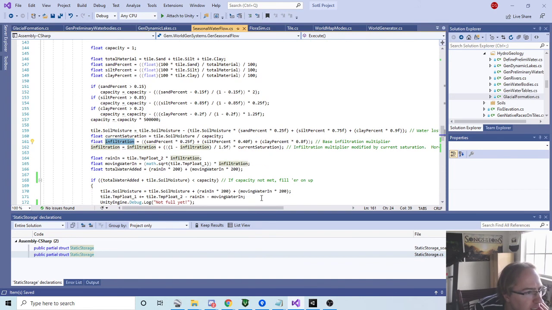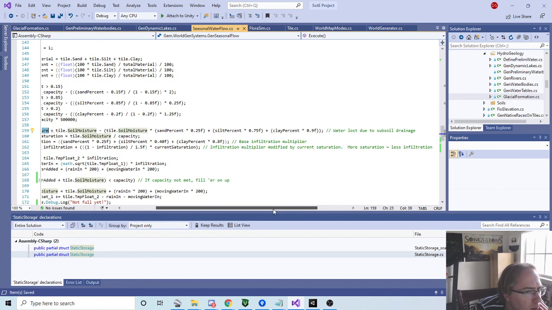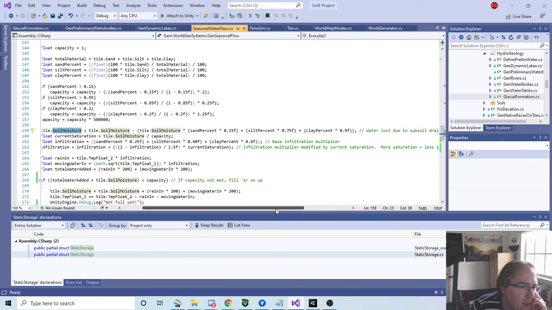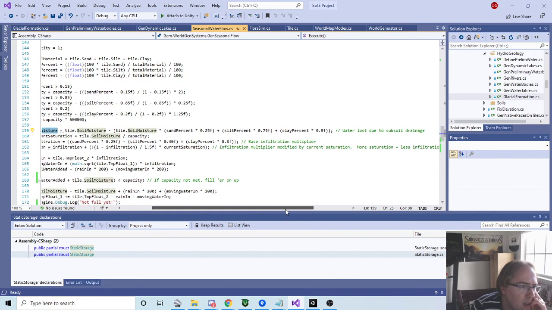I distinctly remember doing this calculation somewhere. No, we do. Water loss due to subsoil drainage. Yeah, so it's draining.